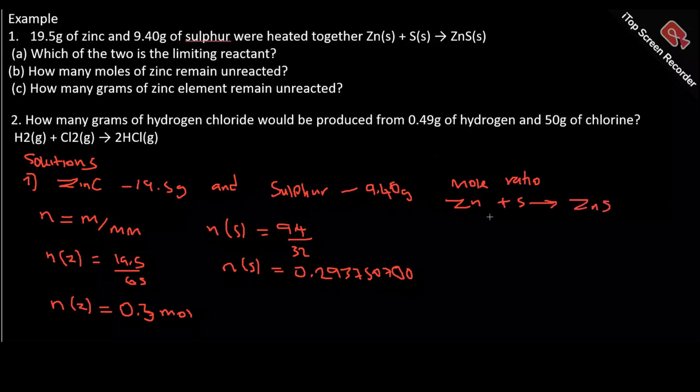Zinc 1, this side it is 1, sulfur 1, sulfur this side 1. So the coefficients are just 1. When we divide, we're going to have the mole ratio, which is zinc, 0.3 divided by 1, that is 0.3. Again, sulfur, 0.29 divided by 1 will just give us 0.29.